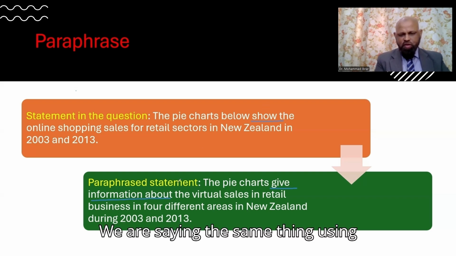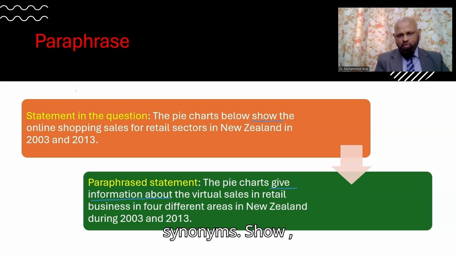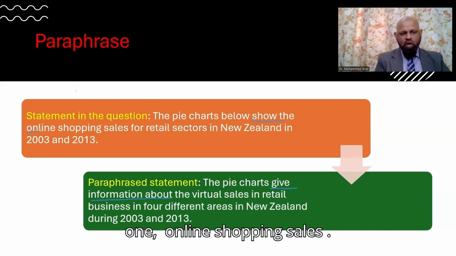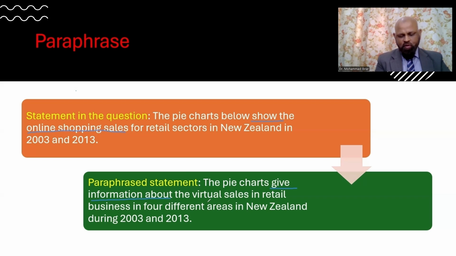We are saying the same thing using synonyms. Show, give information about. The next one, online shopping sales, we say the virtual sales. For retail sectors, we say in retail business.